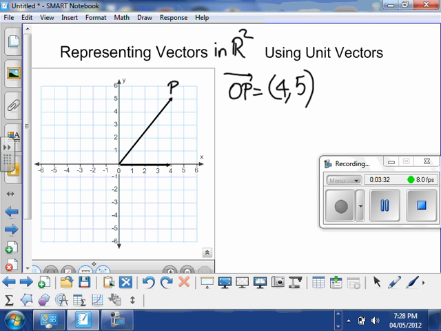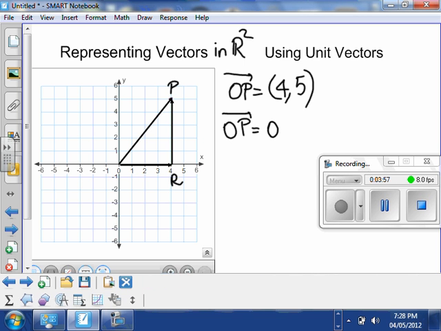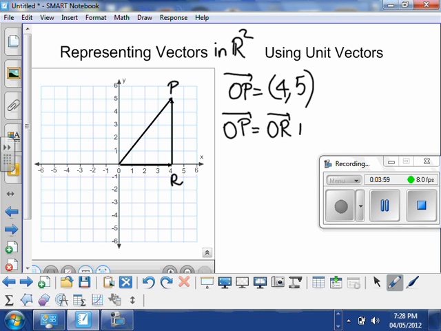One along the x-axis, this one over here, one along the y-axis, or translate it a little bit, right there. Let's use a letter R here. So, not a surprise for you that the vector OP can be written as vector OR plus vector RP.